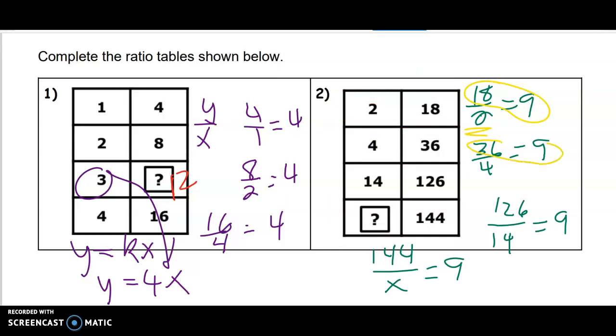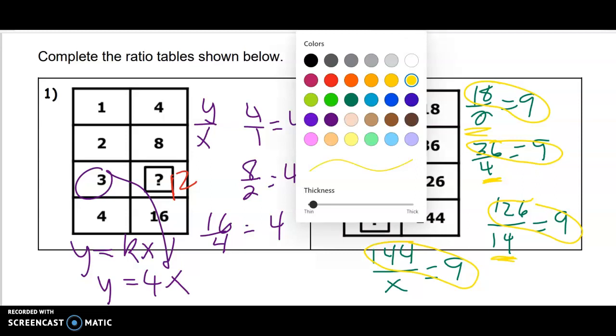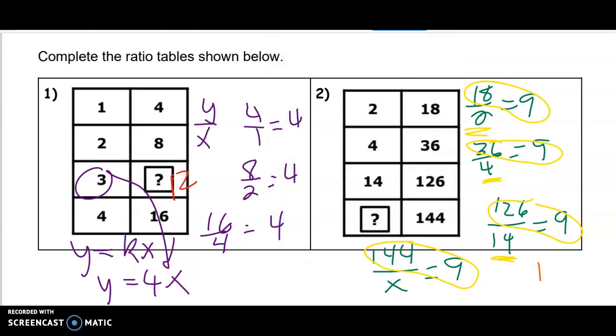If I did 36 divided by 9, I would get 4. And 126 divided by 9, I would get 14. So I'm going to take 144 and divide it by 9, and I'm going to get 16.